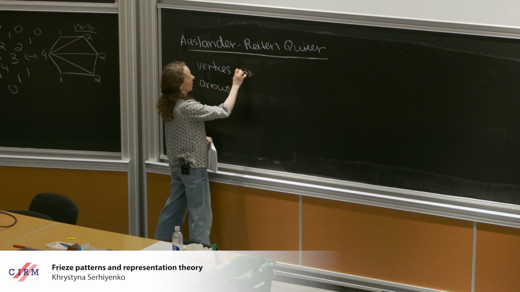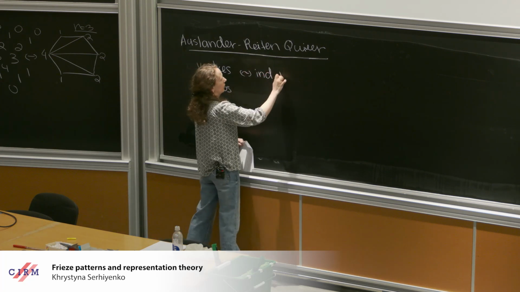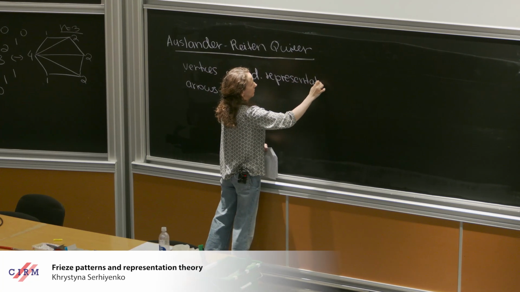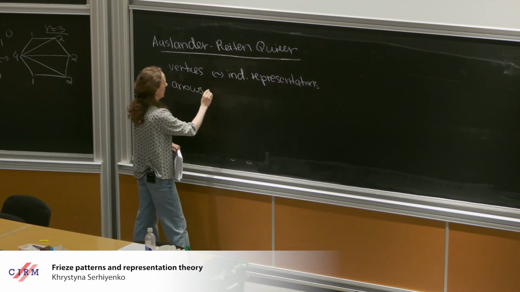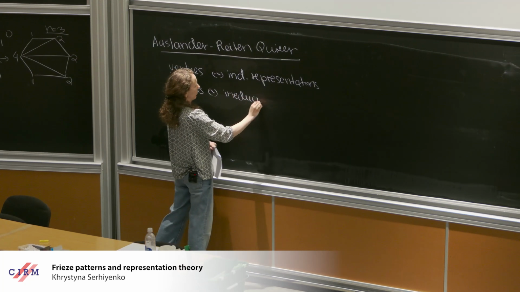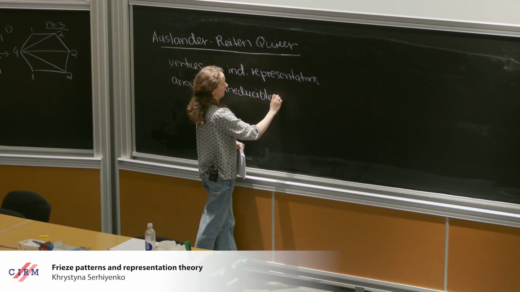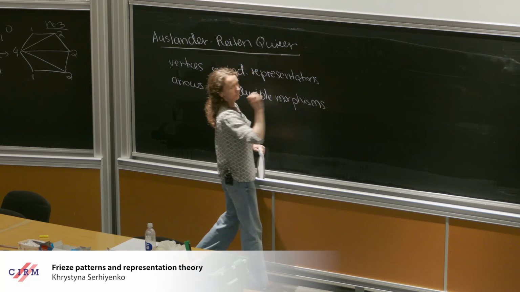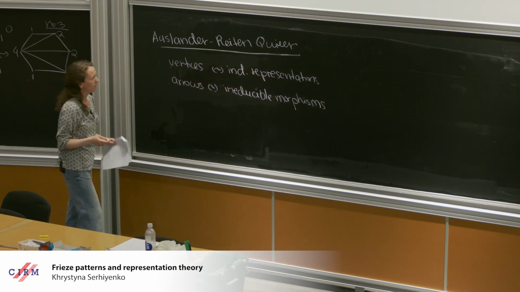So it's a quiver. Again, I have to tell you what the vertices and the arrows are. The vertices are indecomposable representations of a given algebra, and then the arrows are the irreducible morphisms between them.